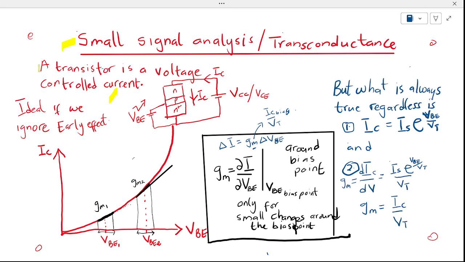So a transistor, by definition, can be a voltage controlled current source.